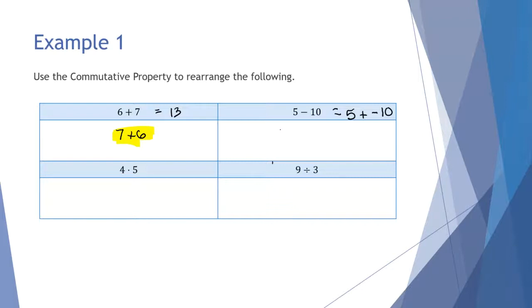Once you turn subtraction into addition, then you can use the commutative property to flip-flop. That's the same thing as saying negative 10 plus 5.